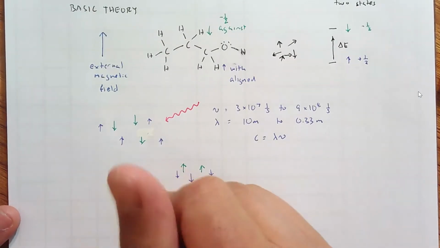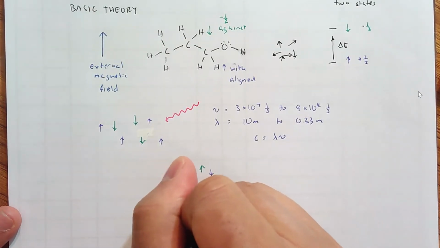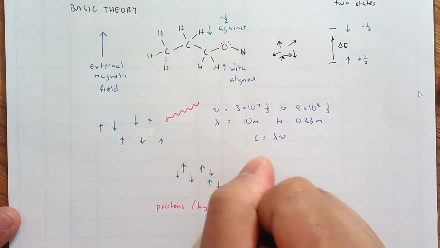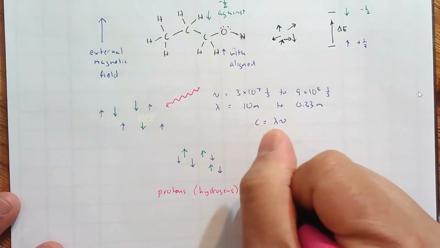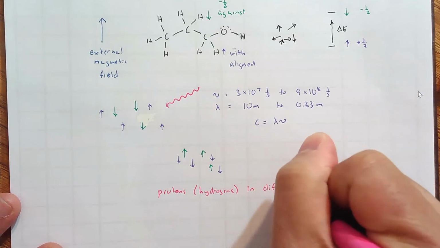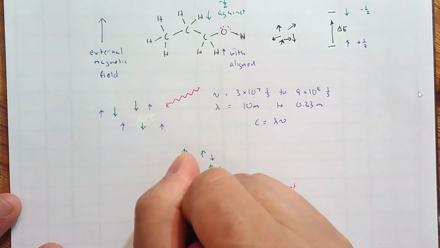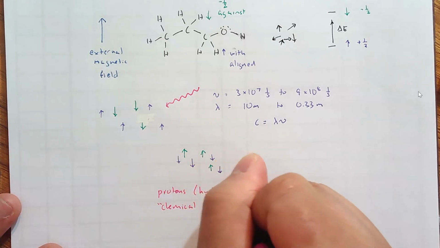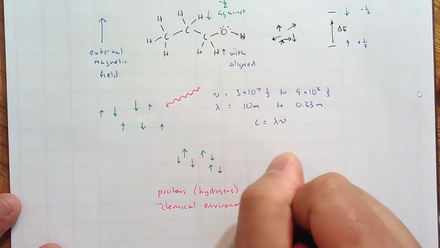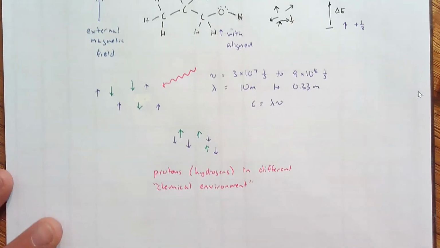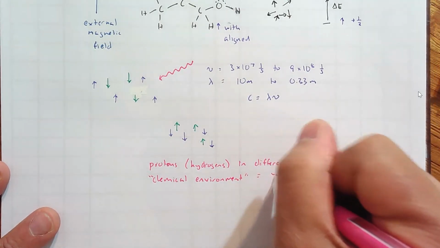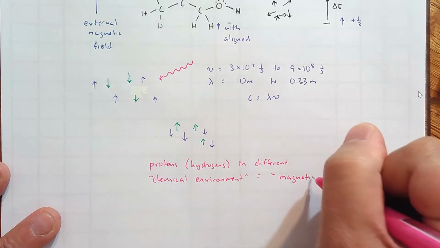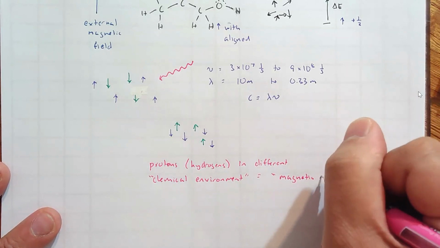Let me write that. Protons, and again, those are the hydrogens, in different chemical environment. What atoms are around it, or that's the same as different magnetic environment, because now we're going to think of each of these protons as magnets.